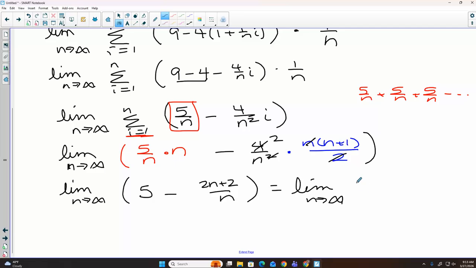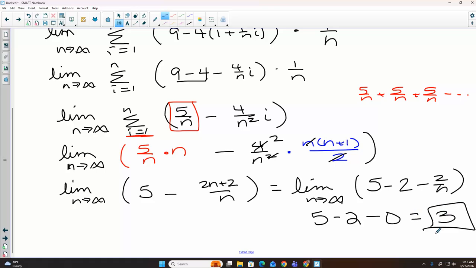Distribute your negative and divide by n, so we get 5 minus 2 minus 2 over n. If n goes to infinity, anything with an n on the bottom is turning into 0, so we have 5 minus 2, or 3. So this is how we did our integrals before we knew the definition.